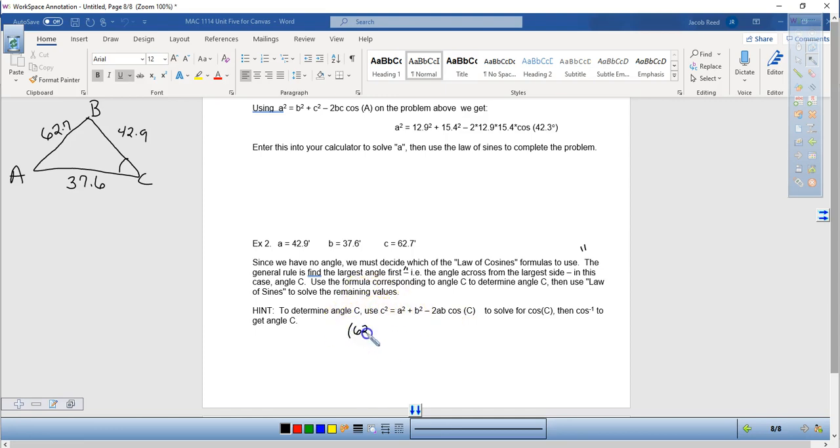We've got 62.7 squared is equal to 42.9 squared plus 37.6 squared minus 2 times 42.9 multiplied by 37.6 cosine of angle C.